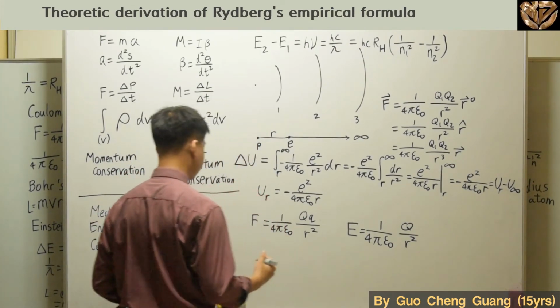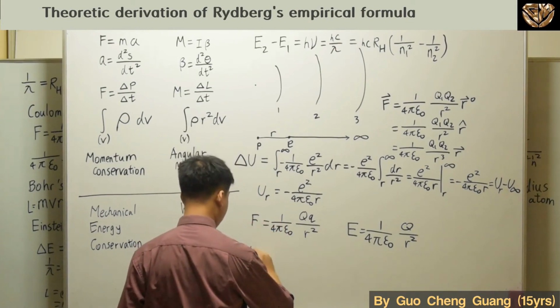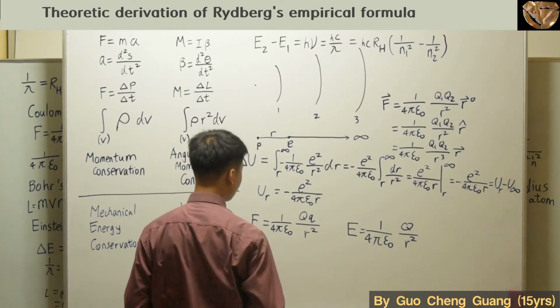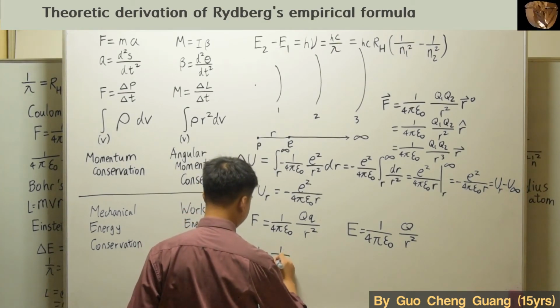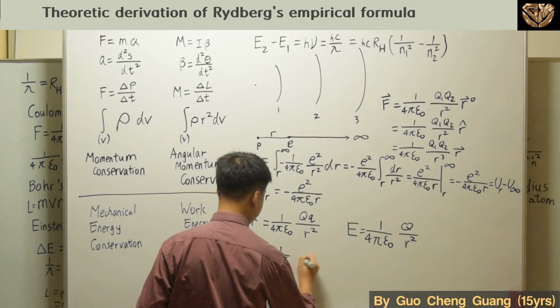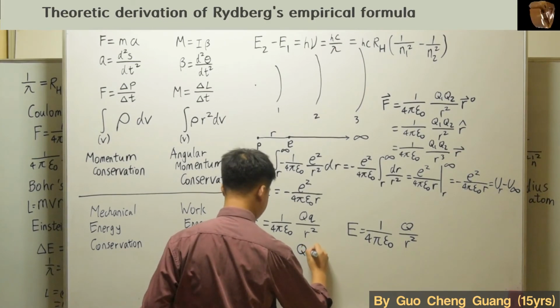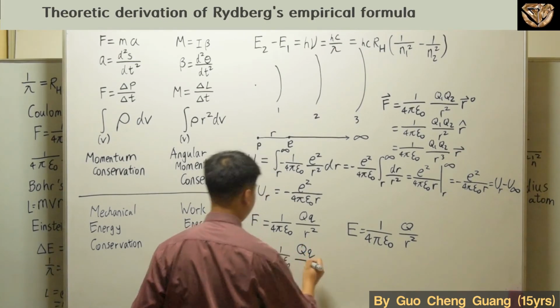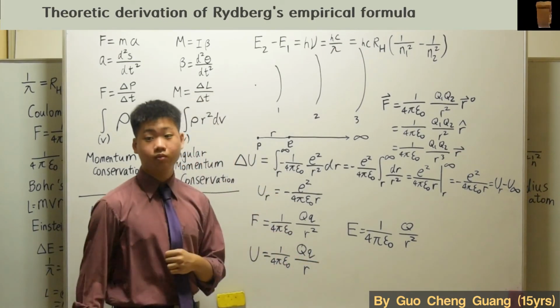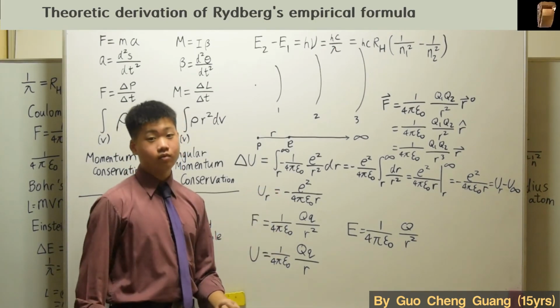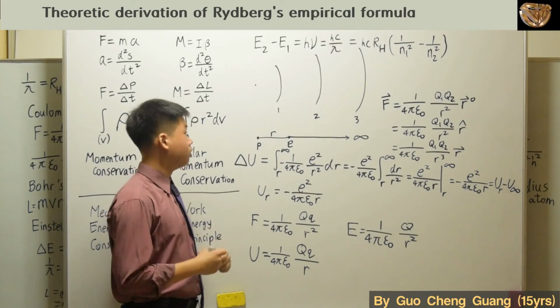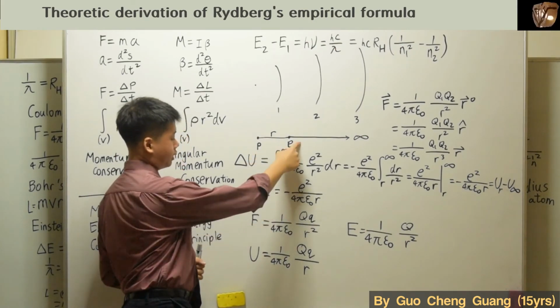Alright, so next is your potential energy, which is 1 over 4 pi epsilon naught, capital Q, small q, over r, which is what you see over here. Now, if you're wondering about this negative again, you have to really be aware of one positive and one negative.